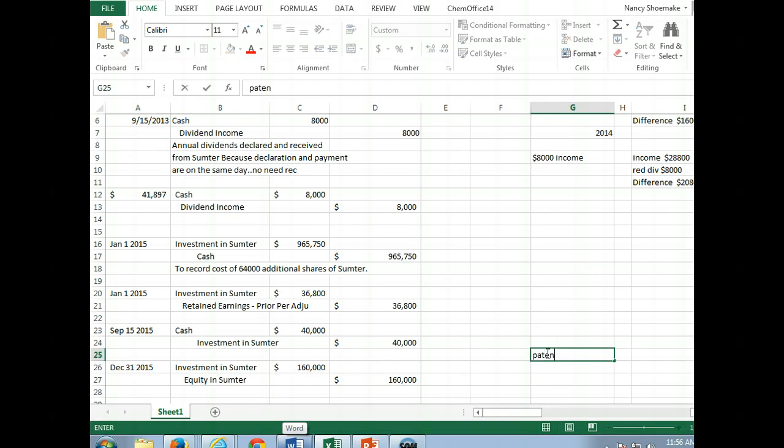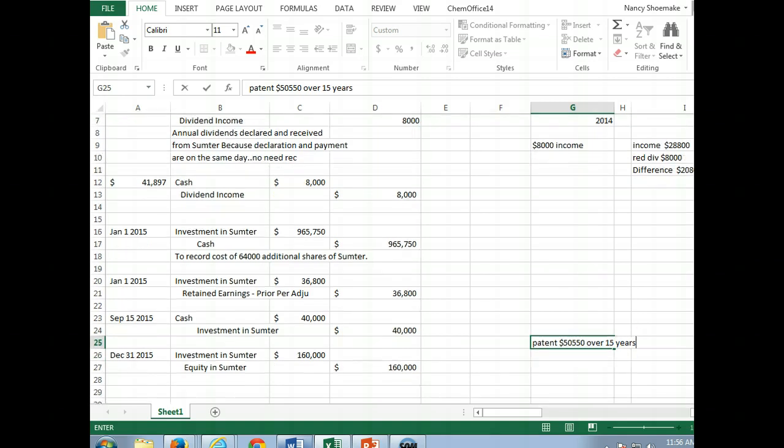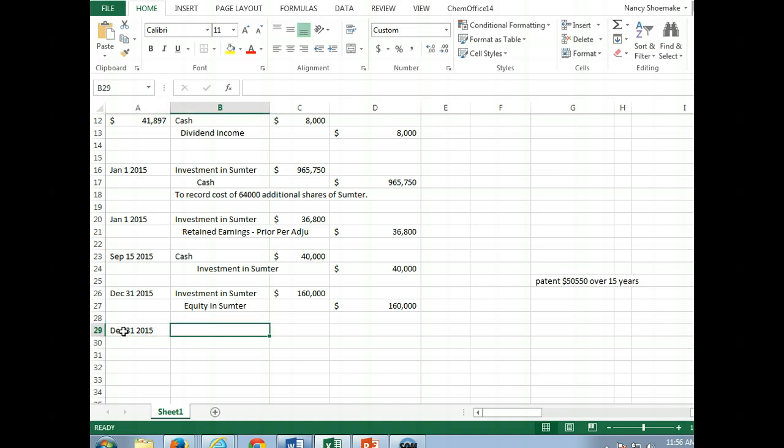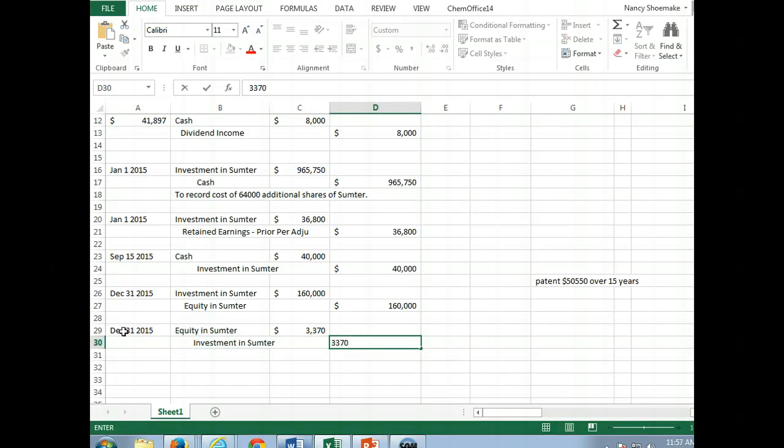So this patent of 50,550 over 15 years needs to be amortized in the books. Okay, so on December 31st, 2015, we're going to need to debit equity in Sumter for basically $3,370, and we're going to credit our investment in Sumter for $3,370 also.